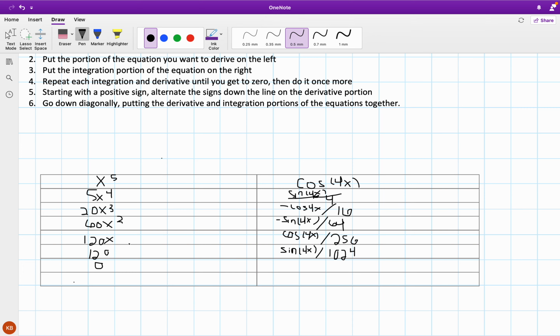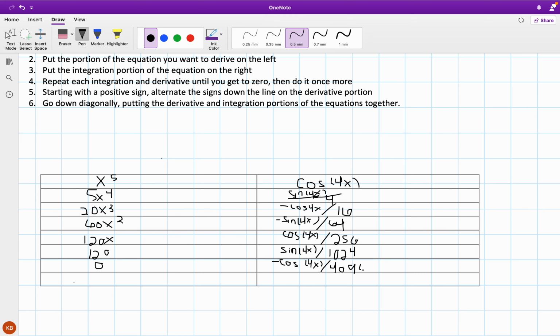And then we integrate once more at the 0, which is going to be negative cosine 4x over 4096.